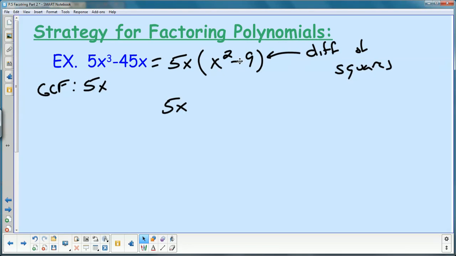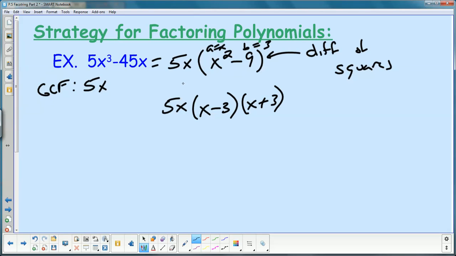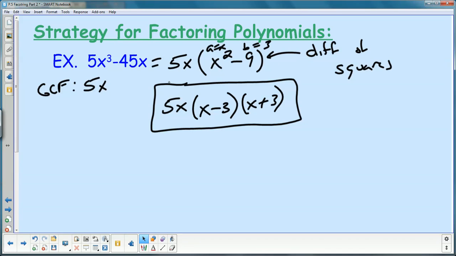And this goes back to a difference of squares, which we talked about today. Since a is x and b is 3, we just think about our conjugate pairs. So x minus 3 and x plus 3. That's the biggest thing from that, is to write them as conjugate pairs.